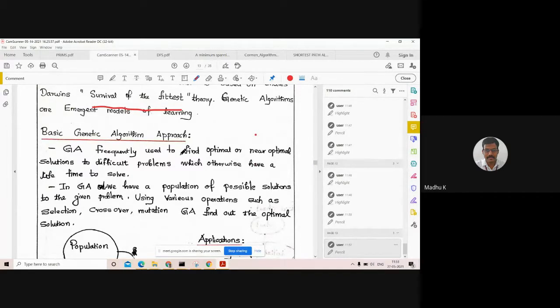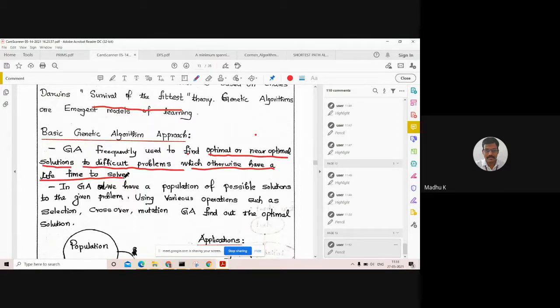It is used to find optimal or near optimal solutions to difficult problems which otherwise would take a lifetime to solve. So to solve such problems, we can use the genetic algorithm. Basically, the genetic algorithm is applied to very hard problems in computer science.